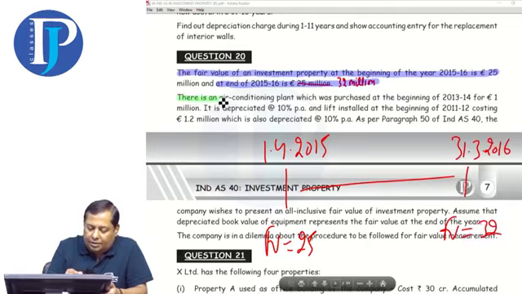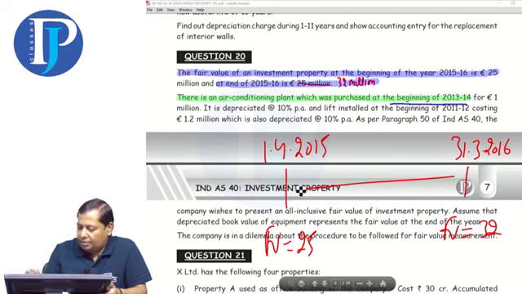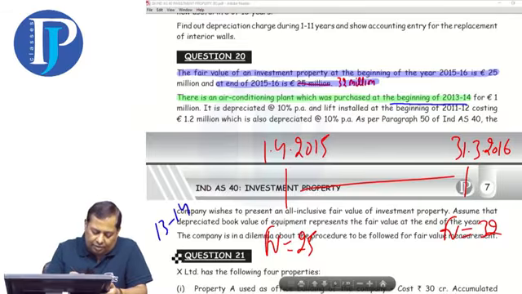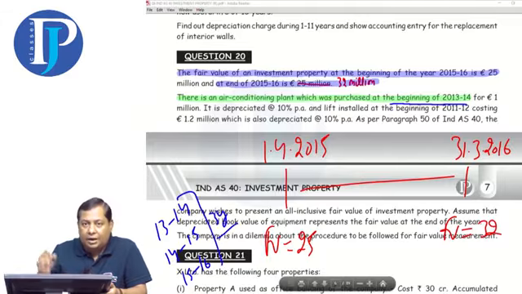Let's move on. What does the question say? It says that there is an air conditioning plant which was purchased at the beginning of 13-14. How many years? 13-14, 14-15, 15-16. It has been 3 years. There is an AC plant installed inside the building, okay?